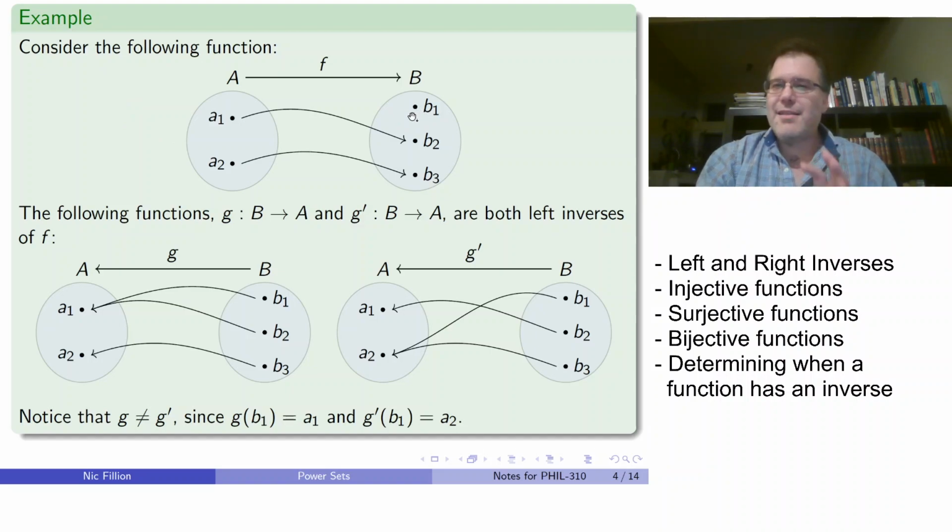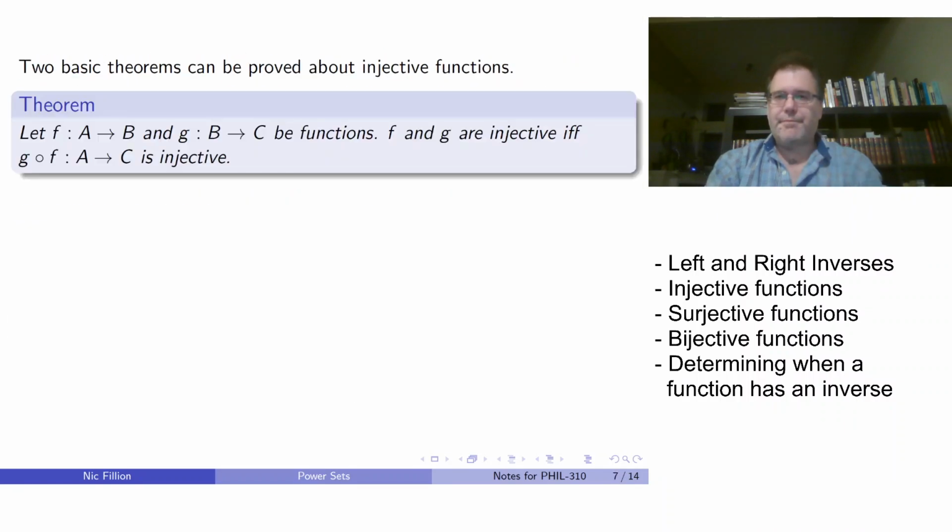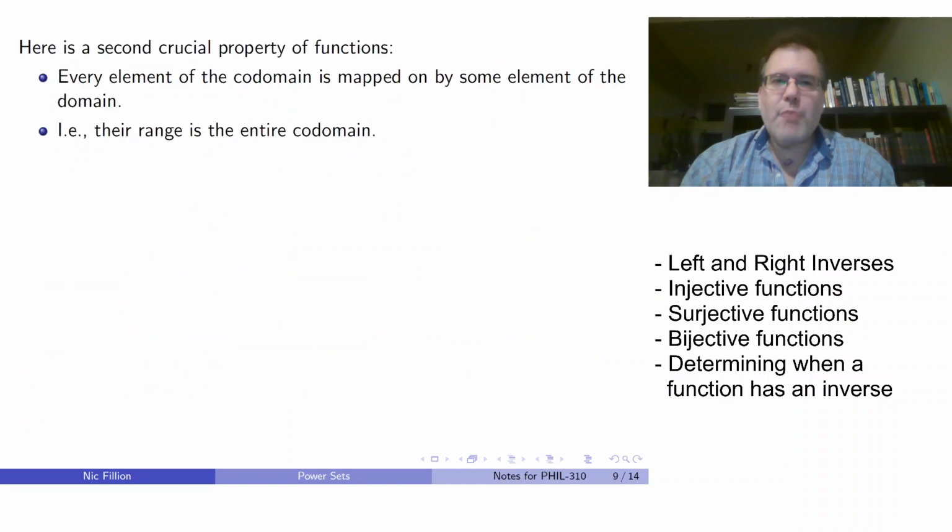So that f is not a function that has the property that we're trying to capture here. Really, that property that we're trying to capture is the range is the entire codomain. Every element of the codomain is mapped onto by something.